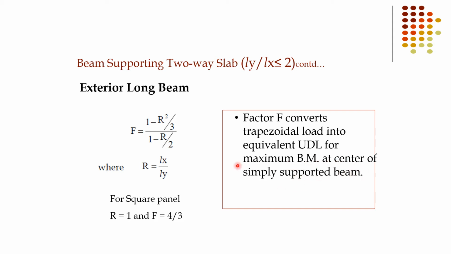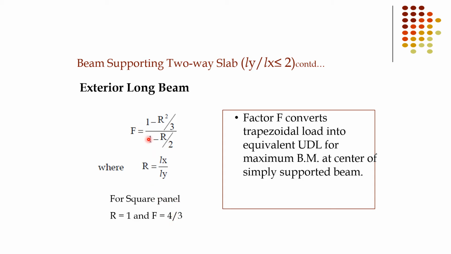Means after conversion from the trapezoidal load to UDL, we get the same maximum moment as we get from the trapezoidal load. Why are we doing this? For the simplification of calculations. And if there is a square panel, you can put the value 1, the f value will become 4 by 3, the same value we used in the interior short beam.